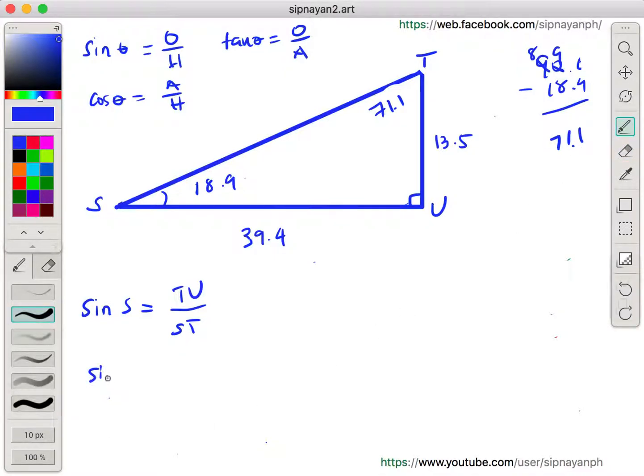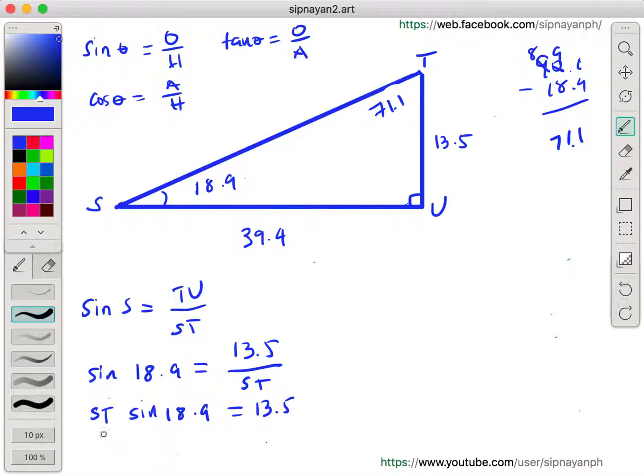So, sine S is equal to, meron na pala tayong 18.9. So, pwede natin ilagay yung 18.9. Sine 18.9 is equal to TU 13.5 over hypotenuse ST. Tama ba? Now, if we multiply both sides by ST, we have ST sine 18.9 equals 13.5.